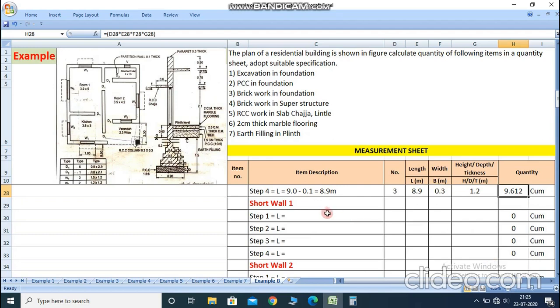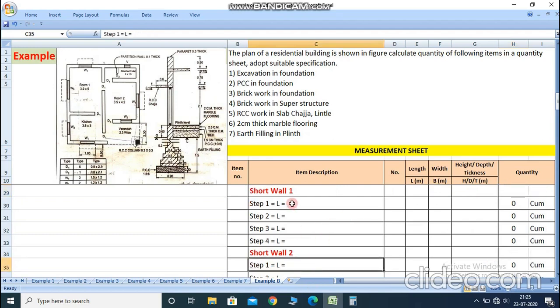Now we calculate short wall 1. So for short wall 1, here 1, 2 and 3 short walls are provided. For short wall 1, the length is already calculated in the PCC work as 3.2.